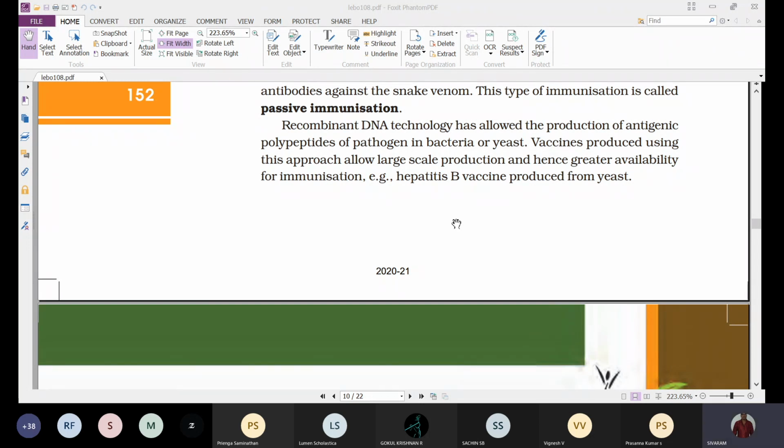That antigenic structure might be a protein, a carbohydrate, a lipid or anything else, whatever the nature it might be.